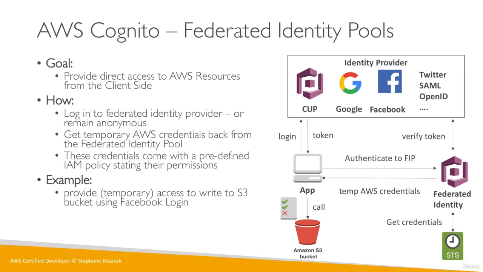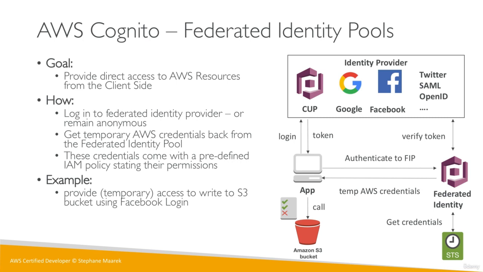And we have an IAM policy, which allows us to do certain things and not others. So this is the whole idea of how federated identity pools work. As you can see, this is a pretty complex diagram, but the idea is that we trade in a login for an identity provider, and we get, in the end, temporary AWS credentials: an access ID, a secret ID, and a temporary session token. So that's it for these two identity pools. They're very different, as you can see.